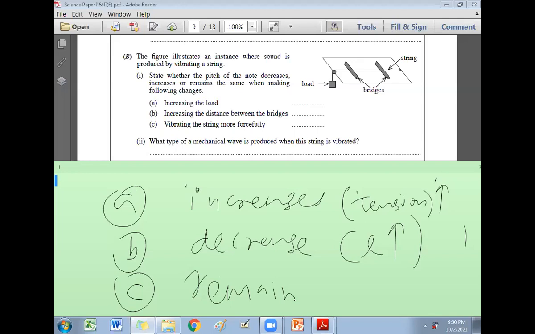Remain same. So please write why it remains same: when vibrating the string more forcefully, loudness or the amplitude increases, but not the pitch. Okay. Then next one.